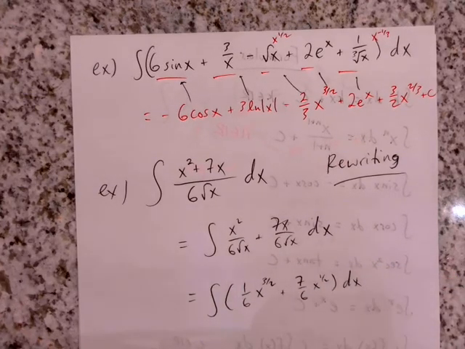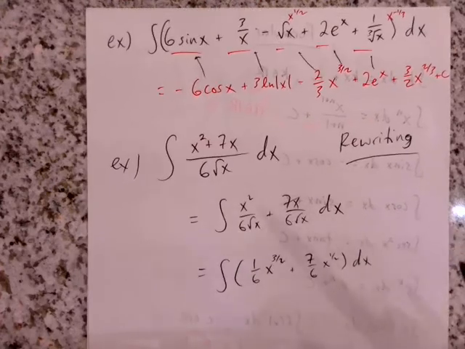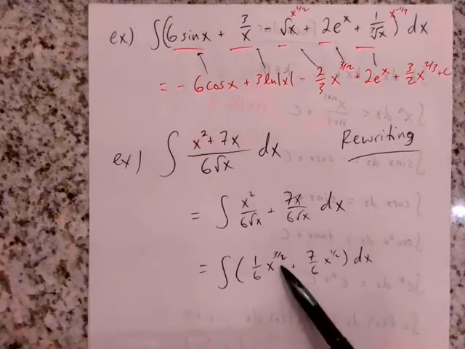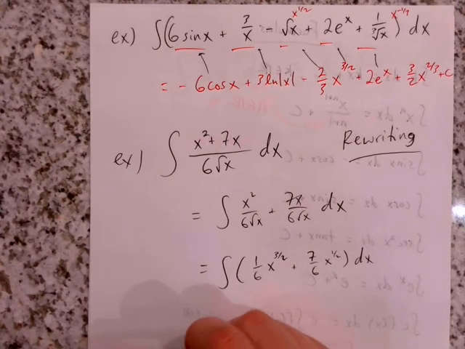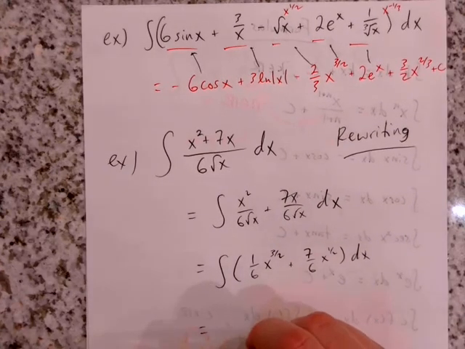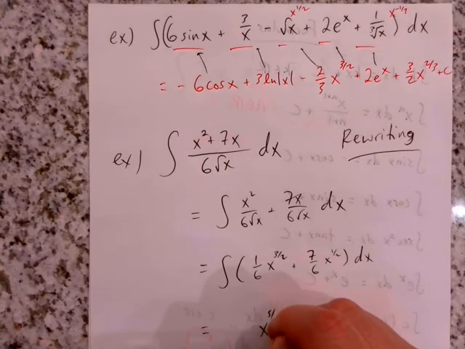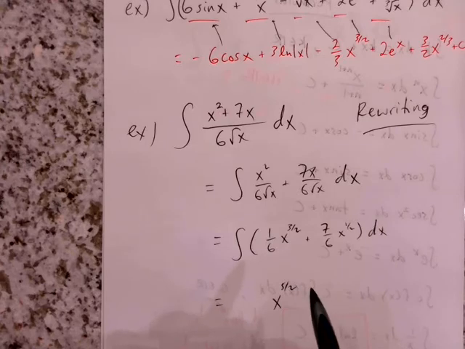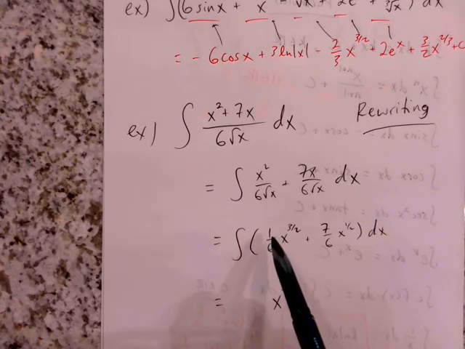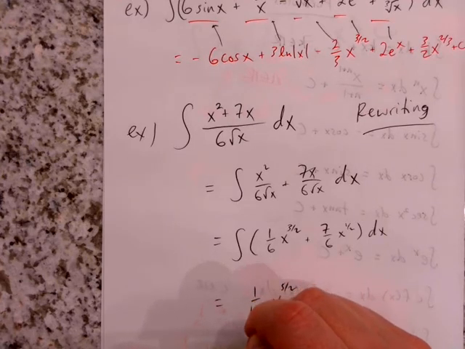And now we can integrate, because we know how to integrate polynomial expressions. It's not really a polynomial, but we know how to integrate powers of x. So we add 1 to the exponent, so it's 5/2. When you divide by 5/2, you multiply by 2/5. So 2/5 times 1 over 6 is 2/30, which is 1/15.